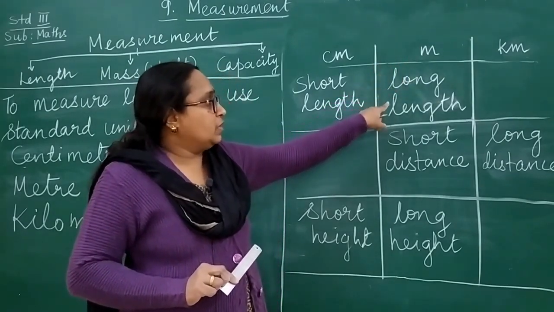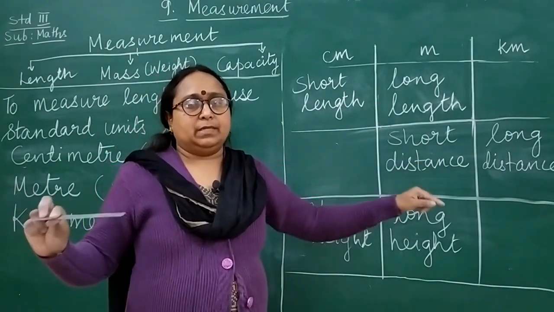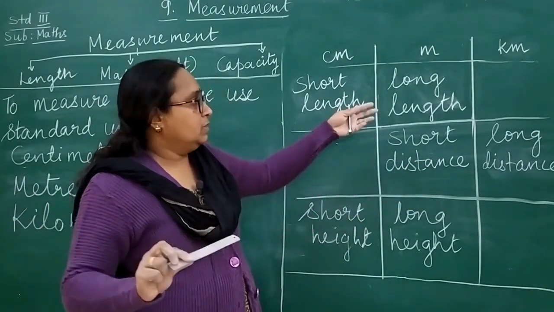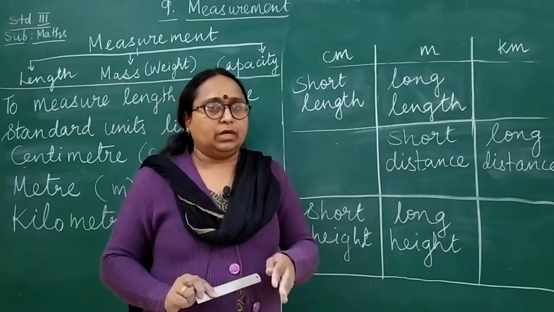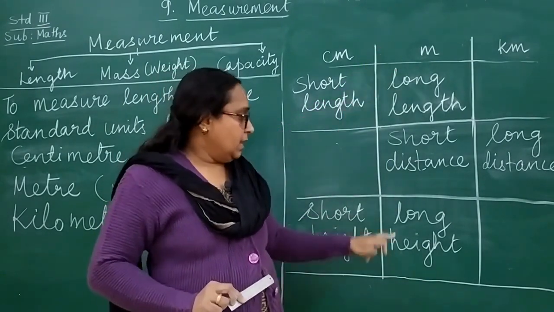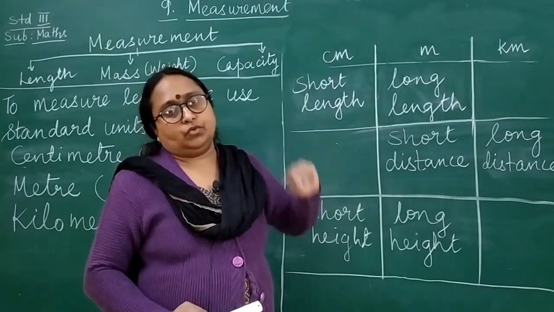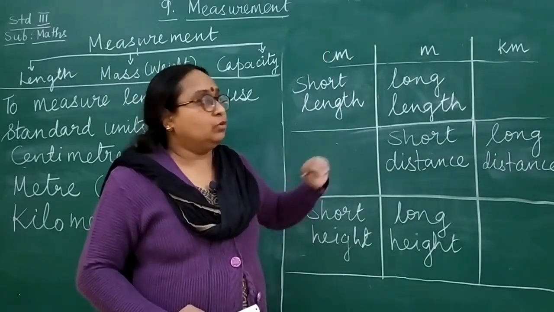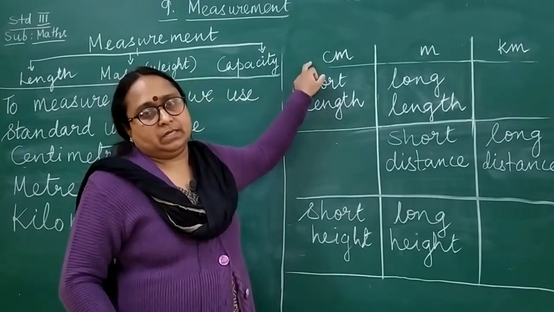For example, the length of the car will be say 5 meter or 4 meter, depends. And short distance, suppose you are going from one room to the other, you will measure it in meter. Then long height, for example, the height of a tree, height of a building, you will measure it in meter, you won't measure it in centimeter, right?